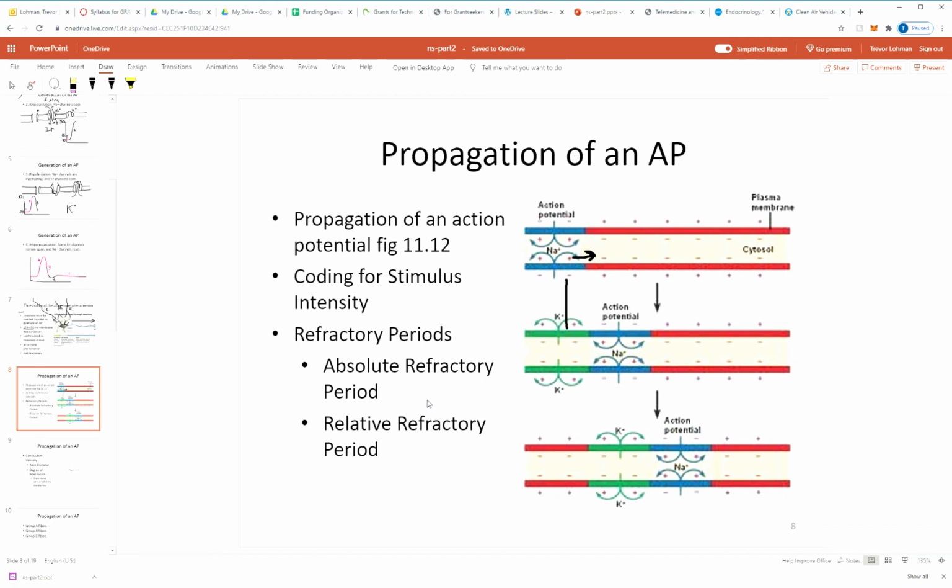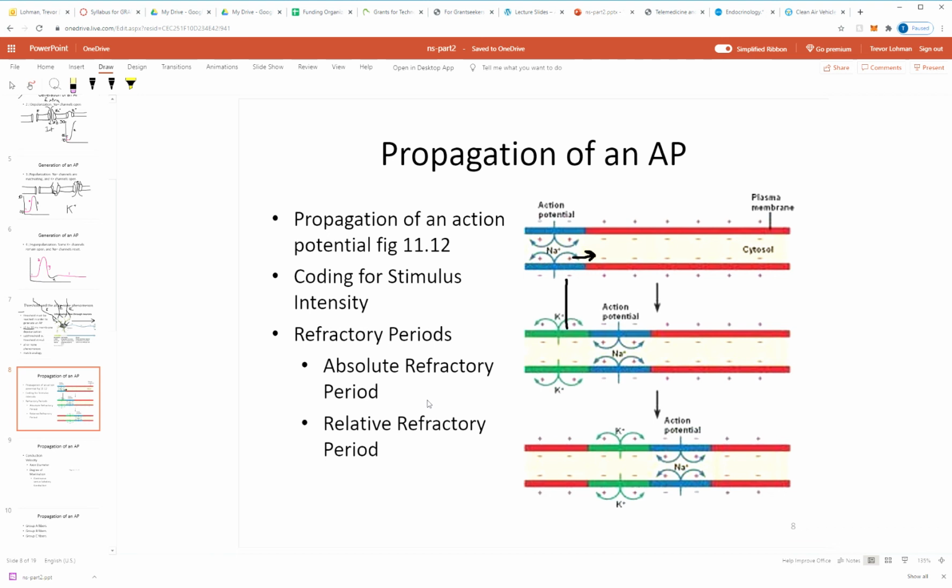But the point is that your brain uses action potential frequency to determine how strong a stimulus is, not the intensity of the action potential, not the amplitude. So there are some test questions like, action potentials vary in A, amplitude, or B, frequency, and you would say B, frequency.